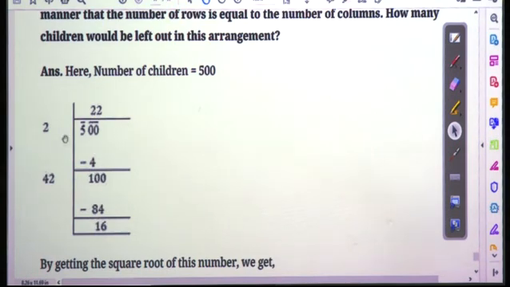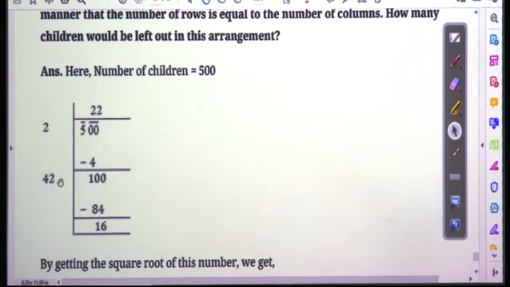We are calculating the square root. 500 is not a perfect square. There are two groups, 5 and 00. 2 twos are 4, remaining 1, double zeros brought down, the new dividend is 100. Double of the quotient, double of 2 is 4.